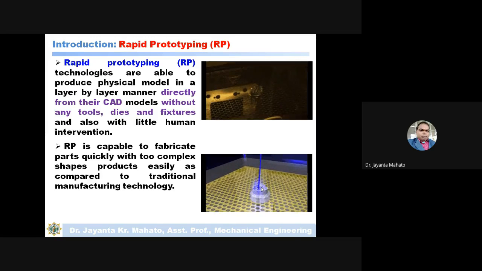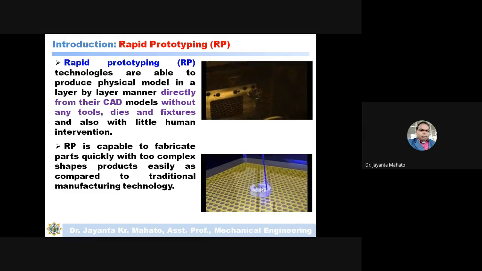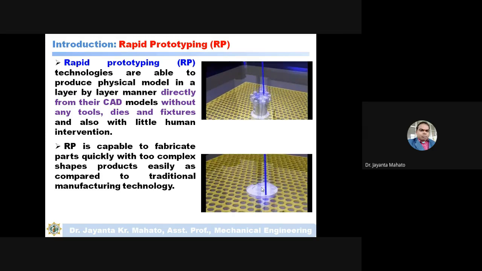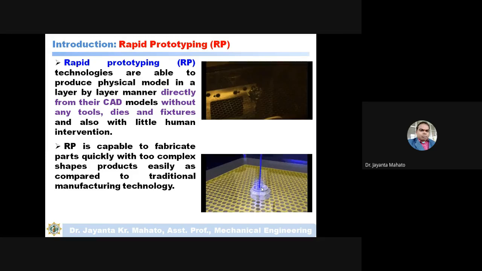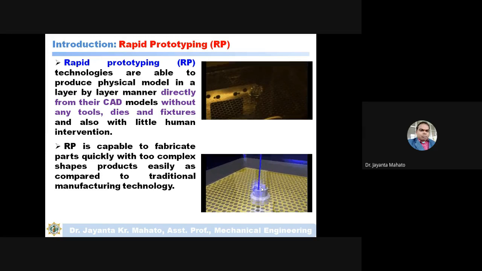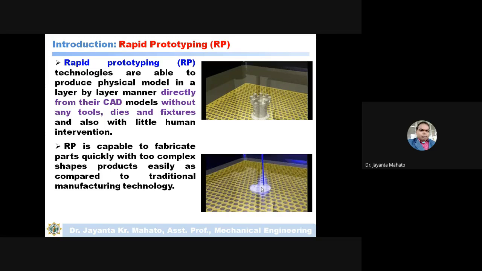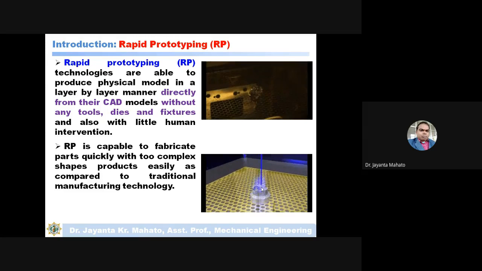This laser beam is controlled by the computer, and the travel of this laser beam will work according to the CAD model.